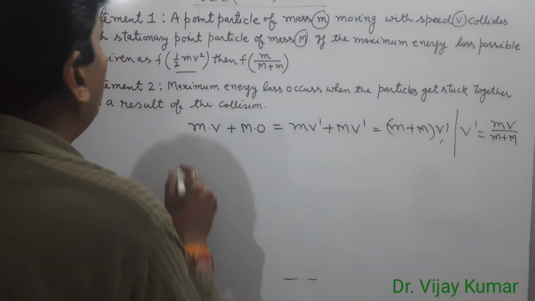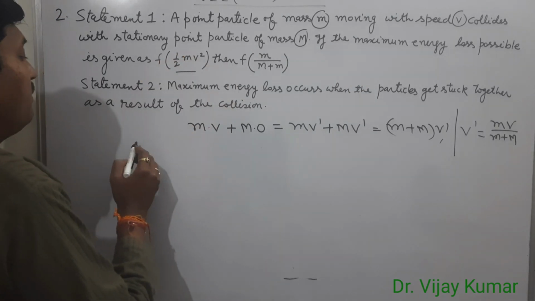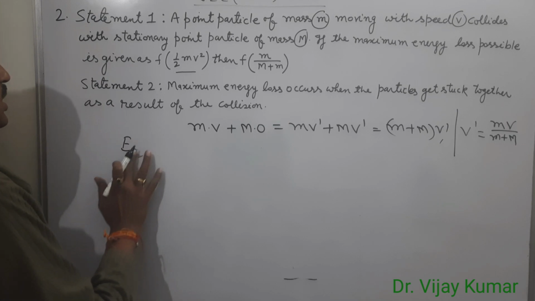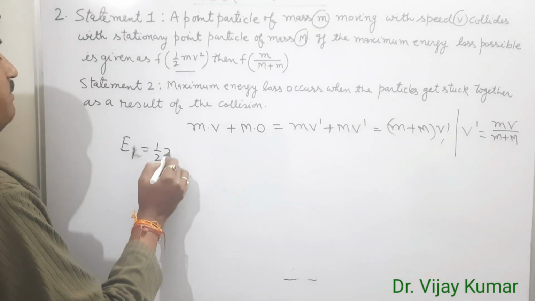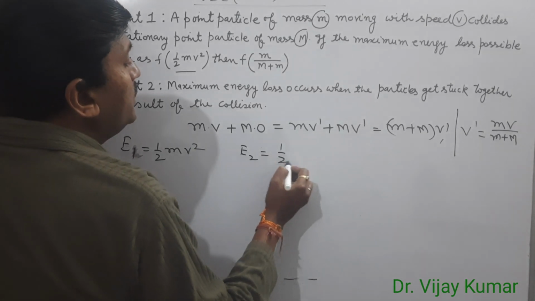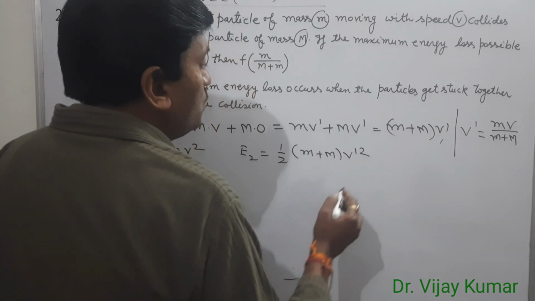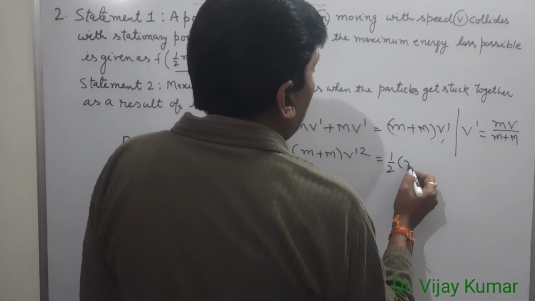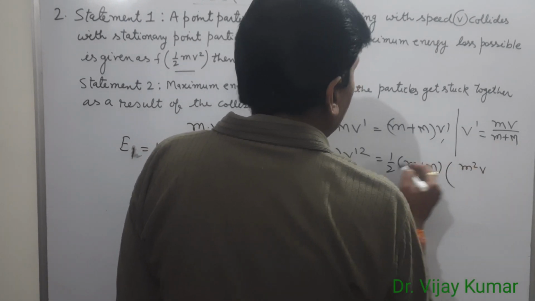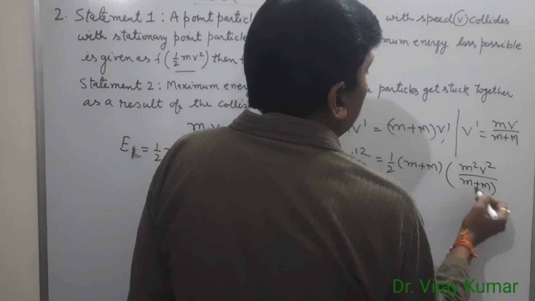Before collision, the energy of the particle is half mv square, and after collision the energy, suppose it is E2, becomes half m plus capital M, v dash square. So v dash square means m square v square upon small m plus capital M square.